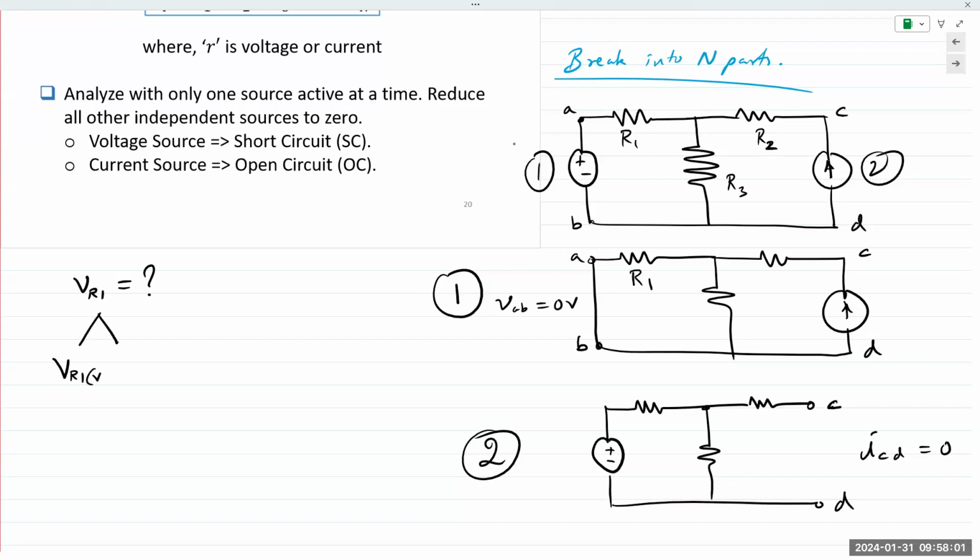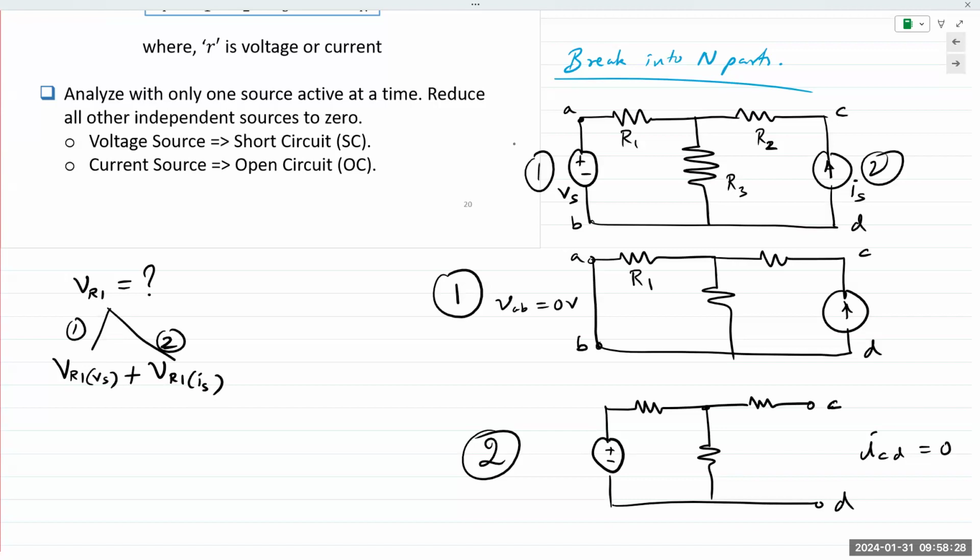VR1 due to the voltage source, let's call that Vs, and the current source as Is, plus VR1 due to Is. Part 1, part 2.